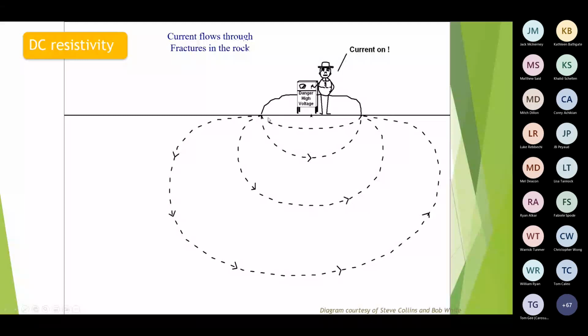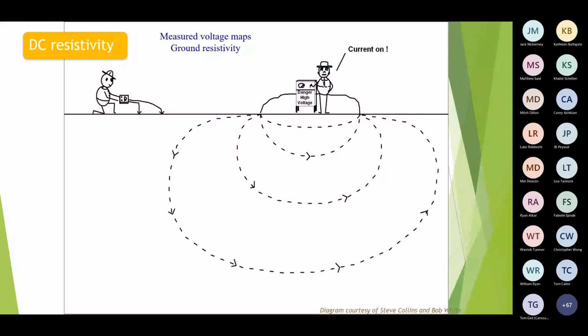You could even use your little home-based thing that you measure your batteries with, except it wouldn't do a very good job. It just measures the voltage between these two electrodes related to this electricity spreading through the ground. So it's very, very simple. And you do that when the transmitter's on.